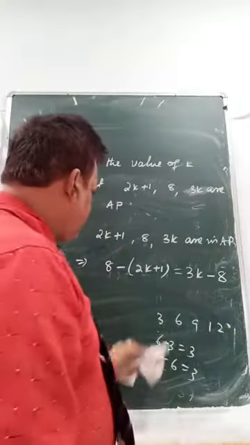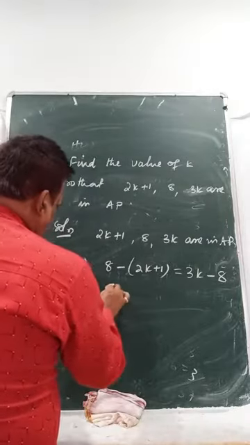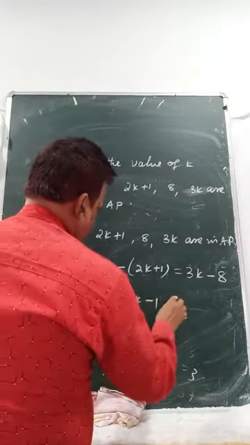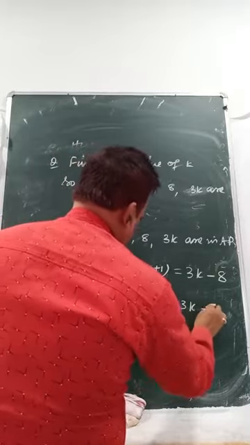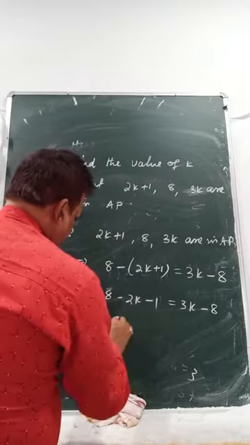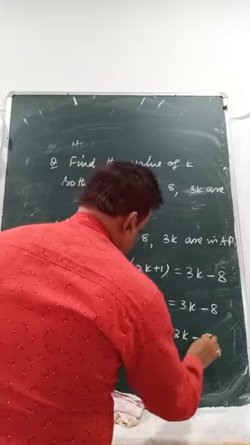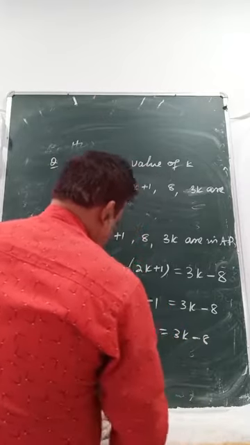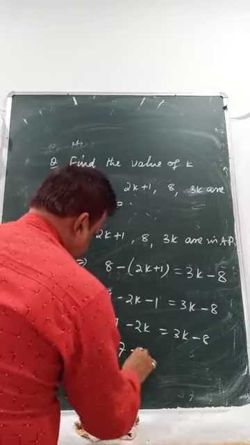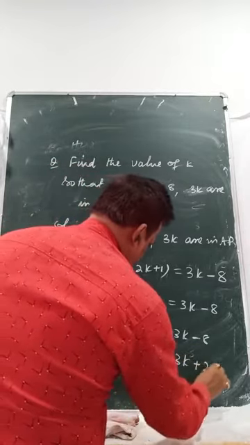So you have to simplify. So open the bracket. 8 minus 2K minus 1 equals 3K minus 8. 8 minus 1 is 7 minus 2K equals 3K minus 8. 7 plus 8 equals to 3K plus 2K.